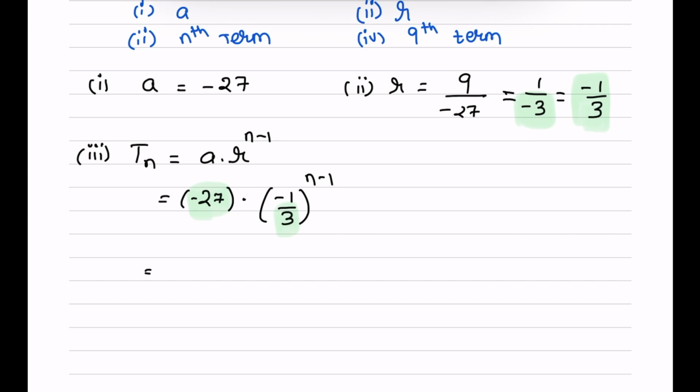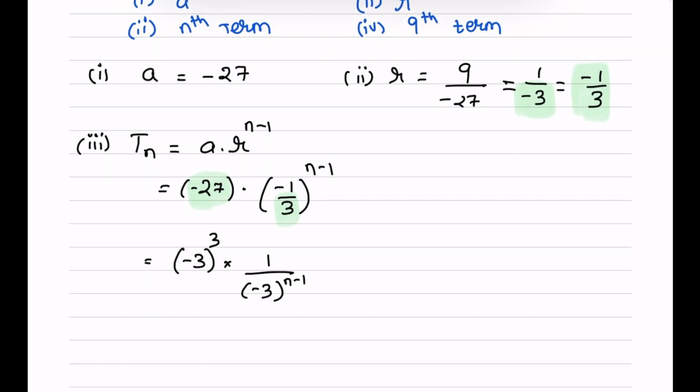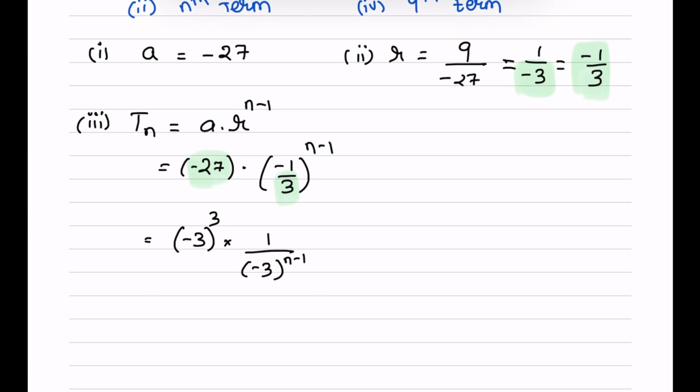So negative 27 is negative 3 raised to the power 3 times 1 upon negative 3 raised to n minus 1. Any power of 1 is equal to 1. So there is no power in the numerator and the negative sign is taken to the denominator to make the same base.